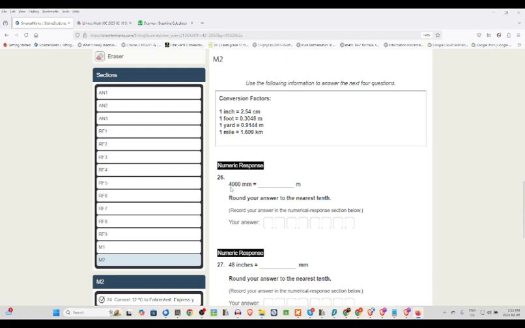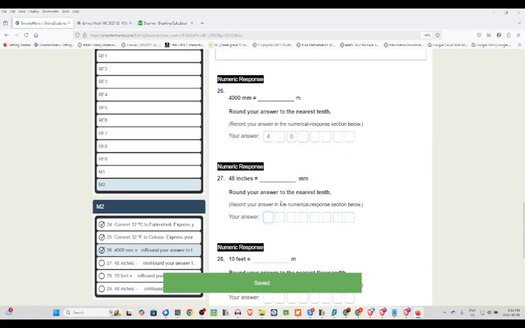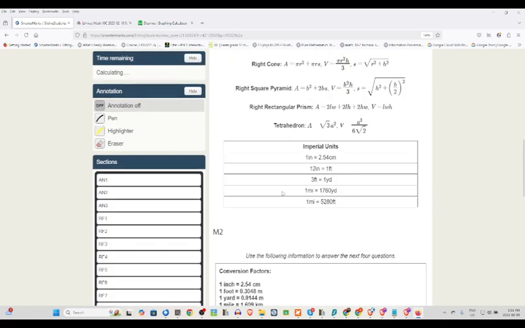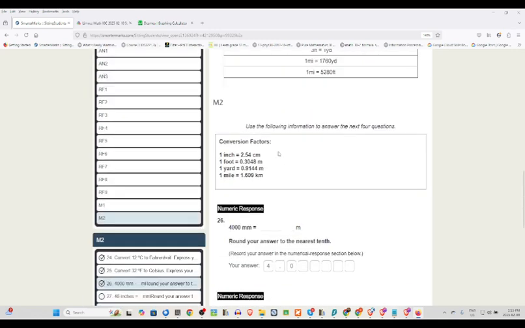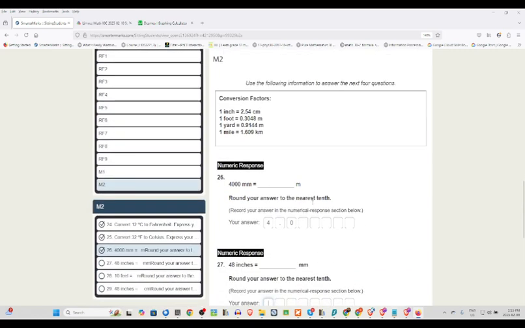Now convert 4,000 millimeters into meters. That's 4.01 rounded to the nearest tenth. 48 inches into millimeters. Now here we have the conversion factors built into the question as well. So 48 times, well, if 1 inch is 2.54 centimeters, it's 25.4 millimeters.